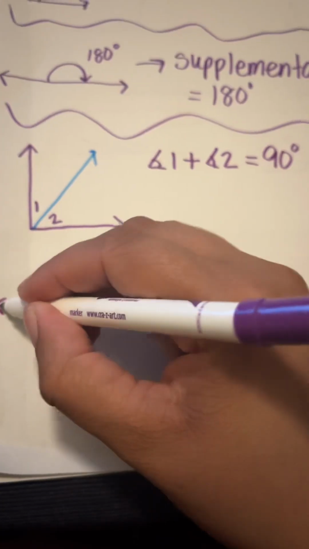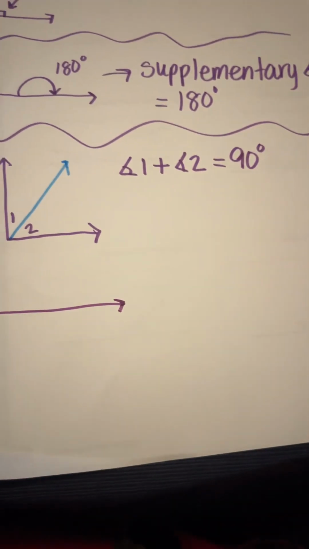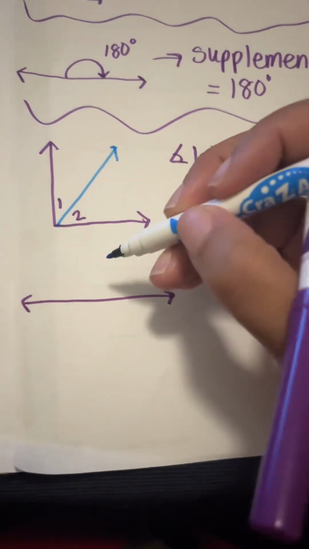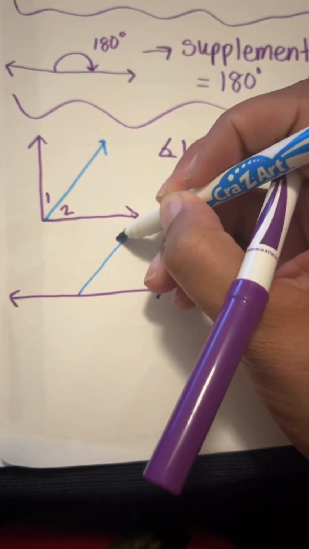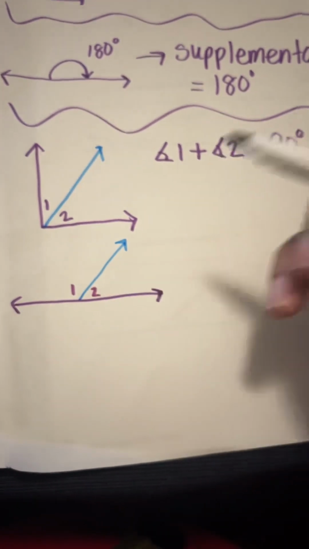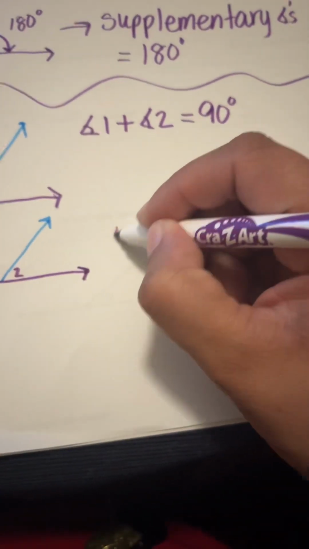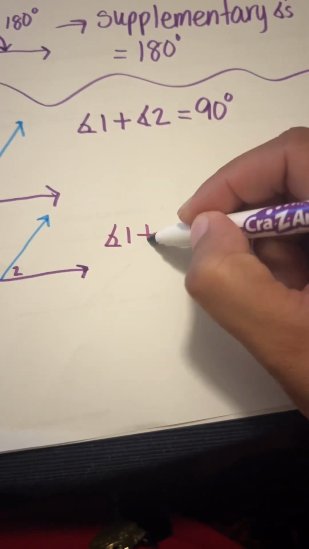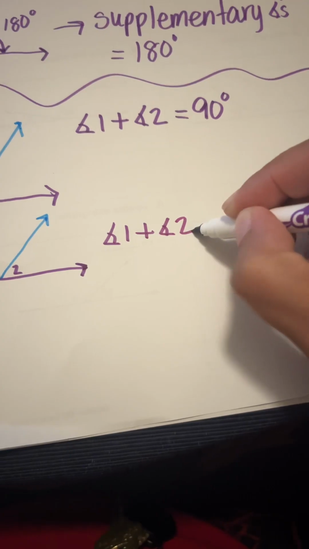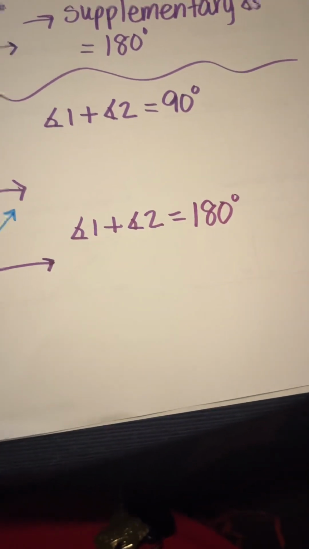For supplementary angles, where this is angle 1 and this is angle 2, if I add these two angles up, so angle 1 plus angle 2, your result should be 180 degrees.